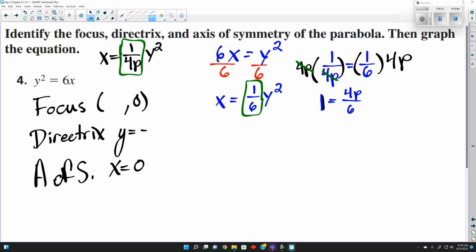Would we ever reduce these? Yeah, we can reduce it. You're going to need to reduce at some point, because 4 over 6 reduces to 2p over 3. We could have typed 4 times 1/6 in a calculator and it would have told us that it's 2/3. So 2p over 3. What can we do next to get p by itself?